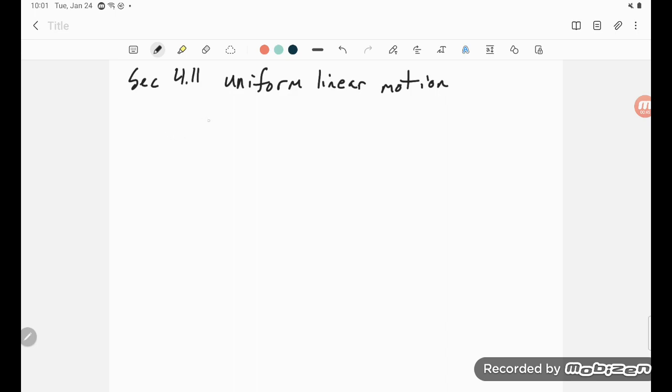just as we did earlier, you would get an X and then some A plus BT, right? We just had somebody moving in a horizontal line, and their X value would be based on a starting position, time, and their rate of change.